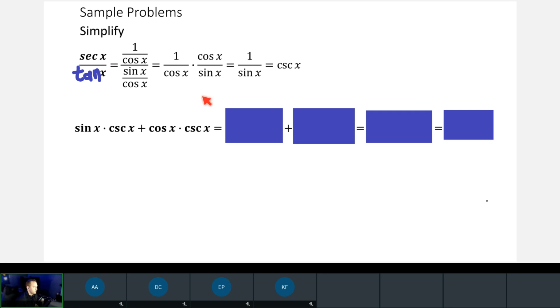Tangent is sine over x, flip and multiply. So cosine goes on top. And then cosine and cosine cancel out. So in this step here, I would just do this. And then you're left with 1 over sine. And then I can rewrite 1 over sine as cosecant of x. So that's what I intended this problem to be. Sorry.